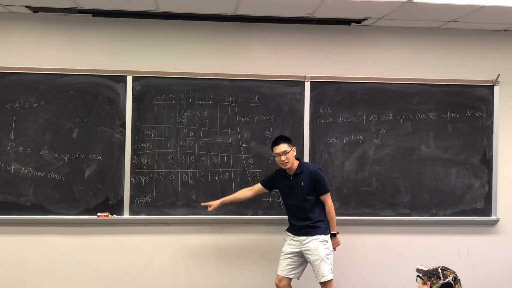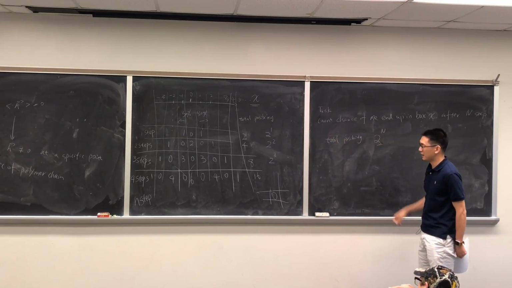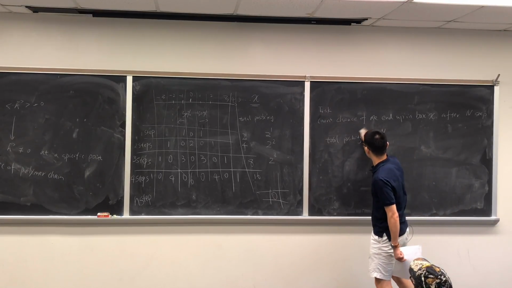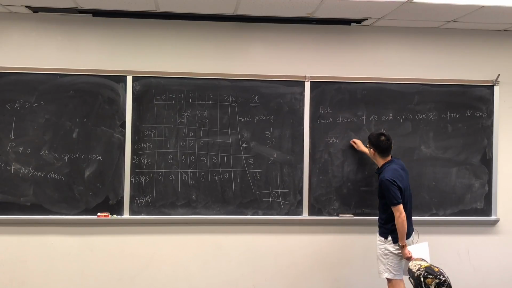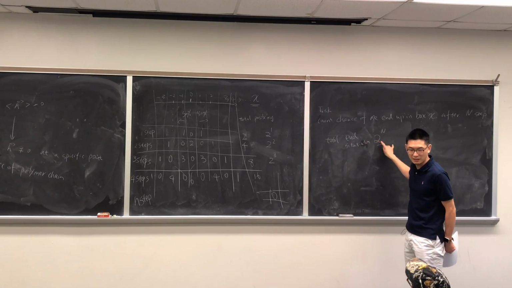So if I take n steps, I will have a total of 2 to the power of n situations. So I could end up with this total number of chances, right?